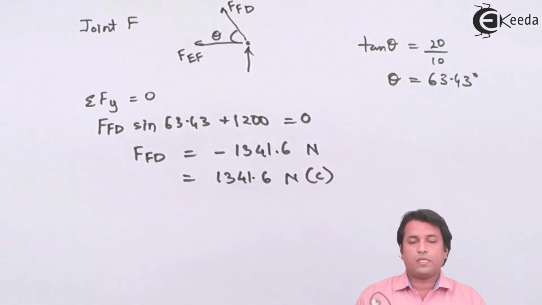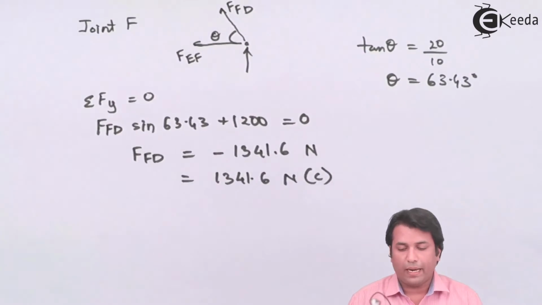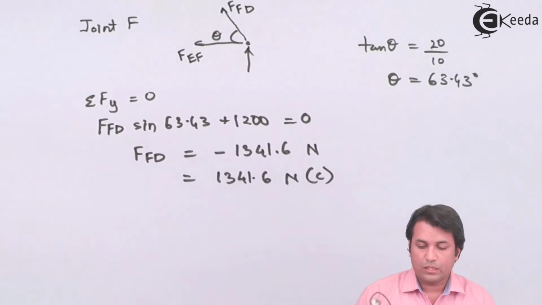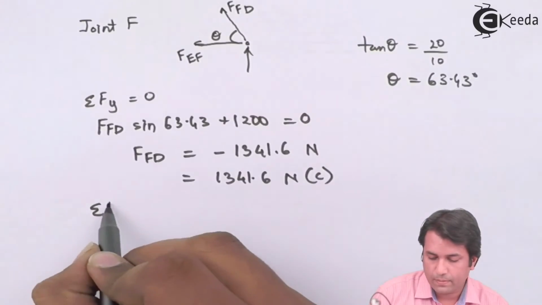So I've got the force in the member FD as compressive and the magnitude is 1341.6 newtons. Now I'll apply the condition of equilibrium in the x direction.